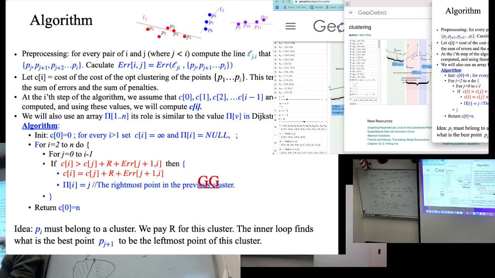Pi is a rightmost point of this cluster. What am I asking with J? With J, I'll say where J will be the last point of the previous cluster. And I don't know what is the previous point, what is the last point, the rightmost point.